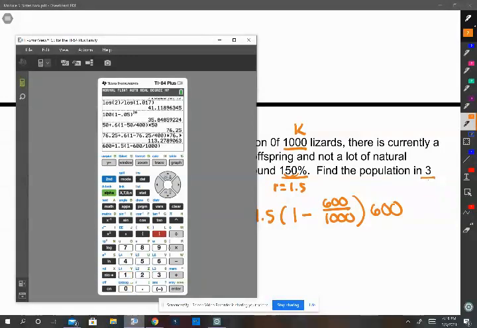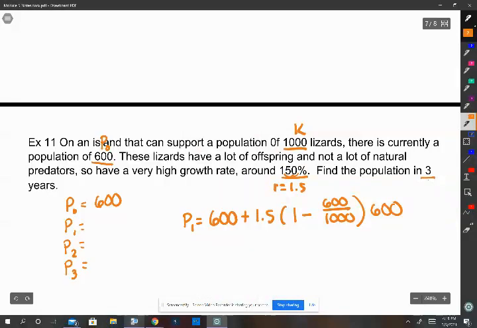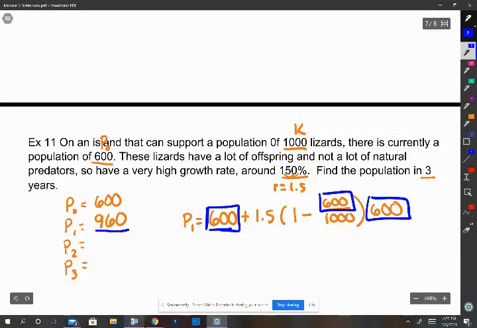And then we're going to times it by 600. And so we're going to get 960. So this is 960. And now everywhere the 600 was, we're going to put in 960. So now instead of 600, here, here, and here, we're now going to put in 960.